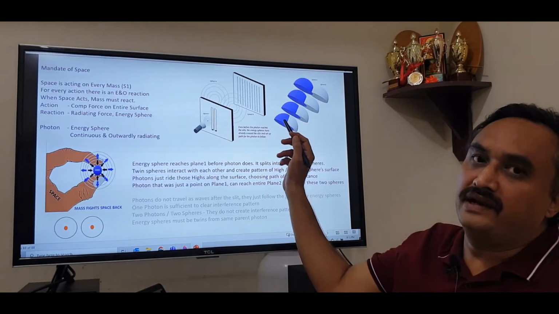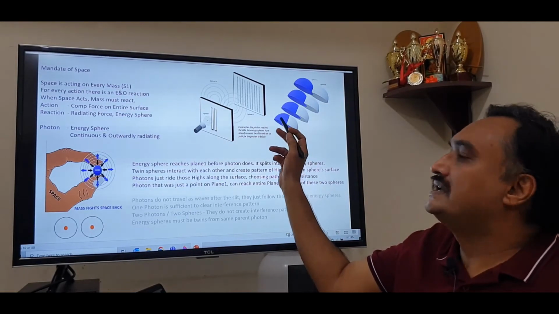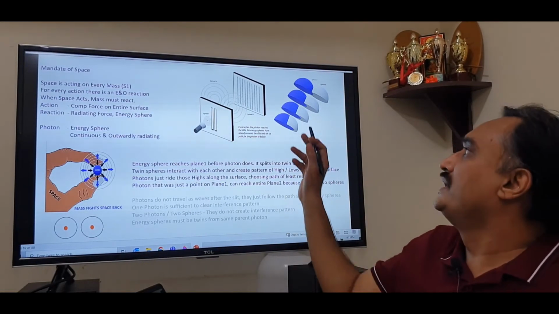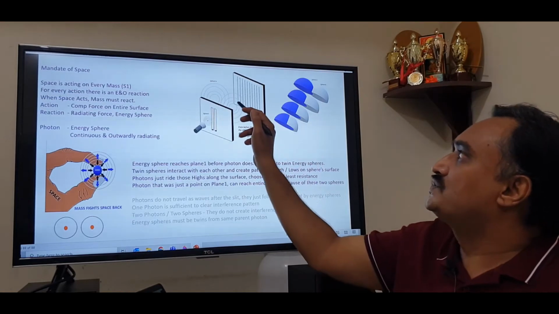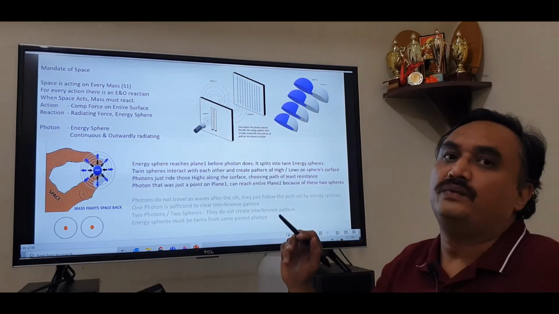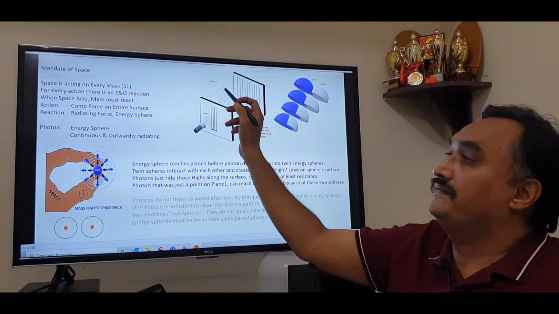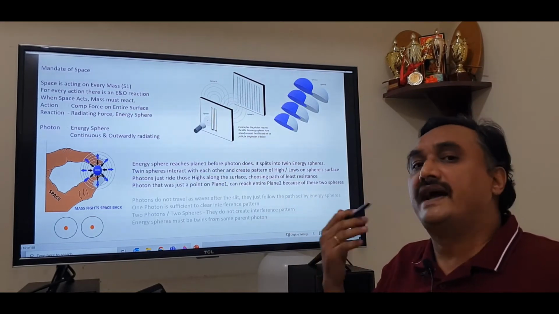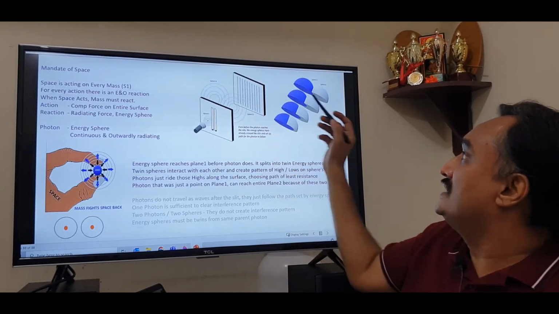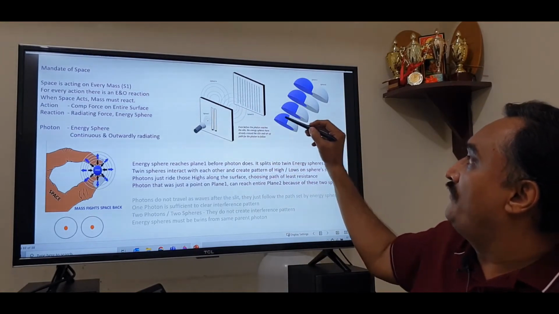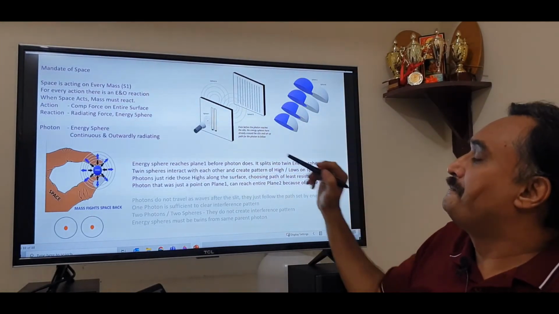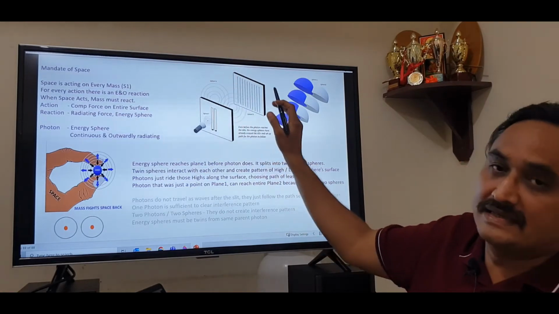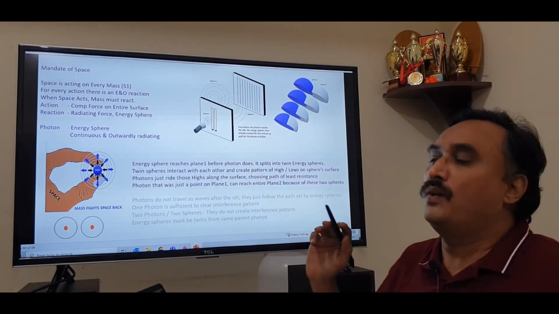They are in different colors only for the sake of clarity; otherwise they are exact replicas. These are the spheres which interact with each other and create an interference, a series of highs and lows on the surface of the respective spheres. Now when that is set up, what does the photon have to do?